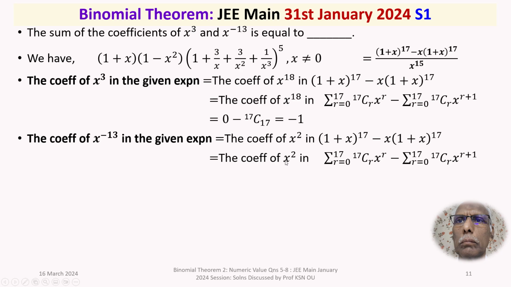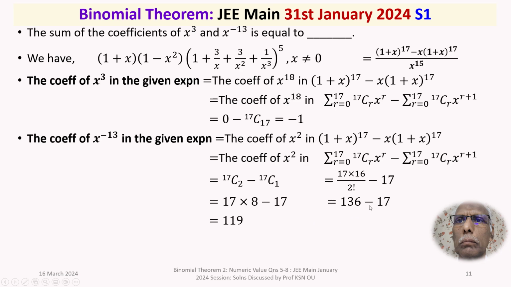To get the coefficient of x², put r = 2 in the first sigma, and in the second sigma put r = 1. You will get ¹⁷C₂ - ¹⁷C₁. ¹⁷C₂ is 17 into 16 by 2 factorial, minus ¹⁷C₁ which is 17. Simplify: 136 - 17, that is 119.